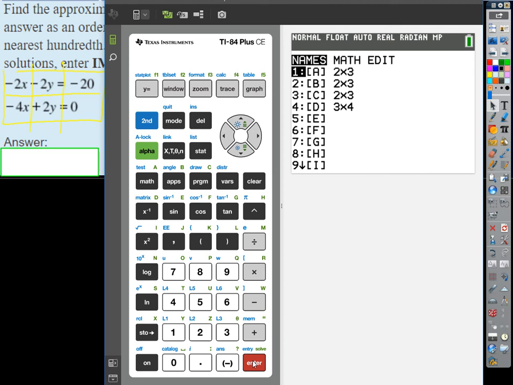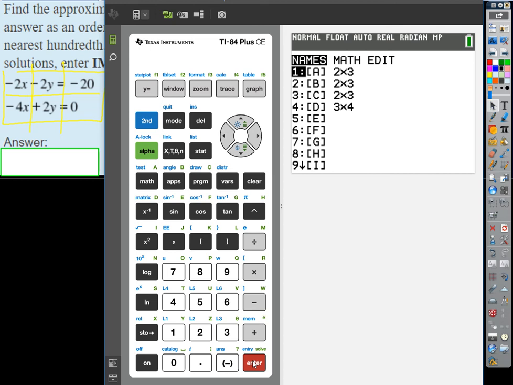Then you just put in those numbers. You got it, then -4, 2, 0. Enter, 2, enter, 0, enter.